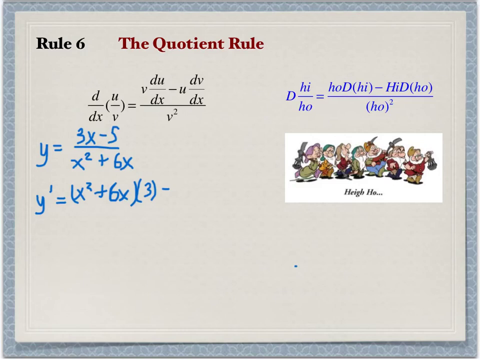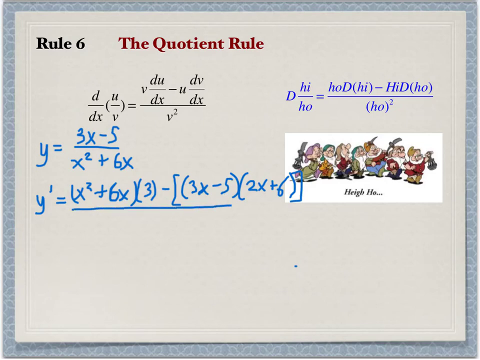So the high is, and by the way, I'm going to put some big brackets around here, 3x minus 5, and the derivative of the denominator, or the ho, will just be 2x plus 6. And don't forget about my denominator. That's the ho squared, so basically that is the x squared plus 6x, all of that squared. So that's kind of a mess, as you can see.